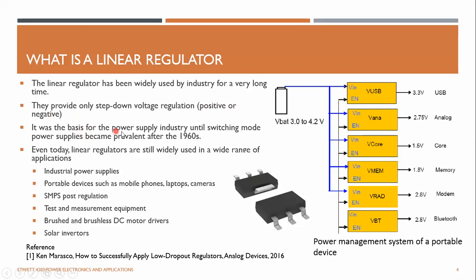Linear regulators were the basics for the power supply industry until switch mode power supplies came into the market. They were dominant before 1960, but product development engineers are still keen to use linear regulators where possible because of their advantages like fast transient response, low output noise, and high power supply ripple rejection.